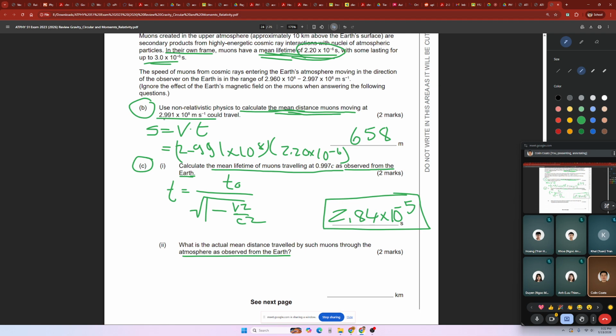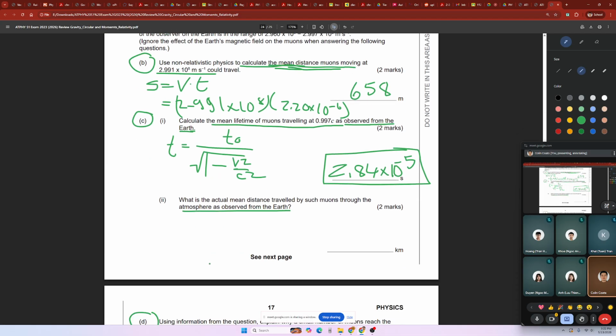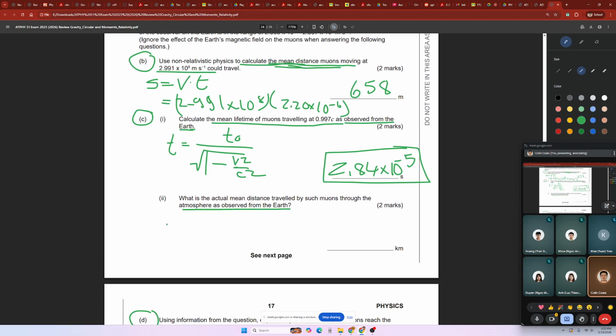According to this, there's the velocity they'll travel at. And for this, we just want the actual mean distance. So another v times t again. And so we're going to use our velocity from here multiplied by our dilated time because it's observed from Earth.